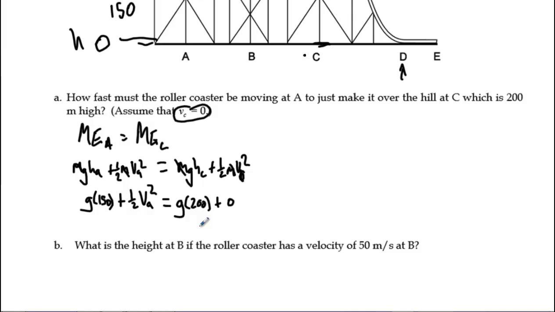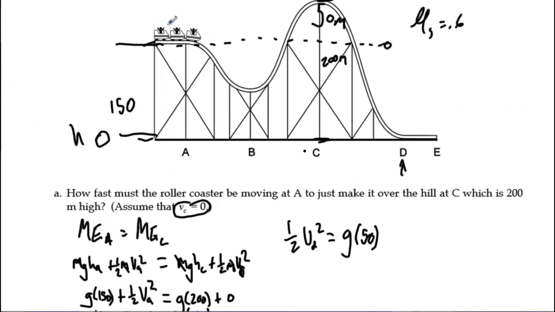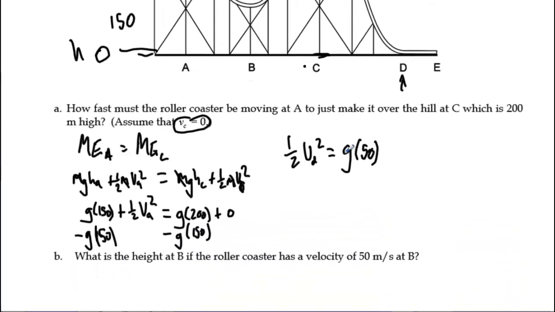Now this is where I said we could pick our height to be the 150, we could call it 0, because if I subtract G times 150 from both sides, I see right away that my result is 1/2 the velocity at A squared is equal to G times 50, and that 50 is because it's only 50 meters above where it started. So if I had to pick this to be 0, then this would have been 50, and I'd have got the same answer. Okay? So 1/2 velocity at A squared is equal to G times 50.